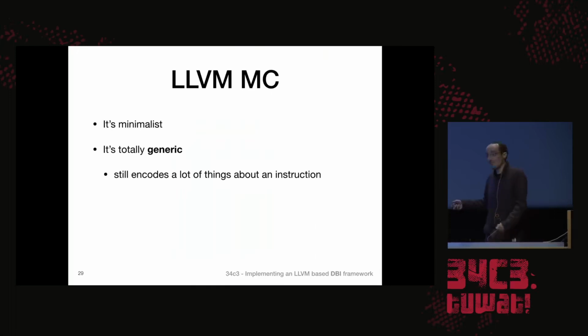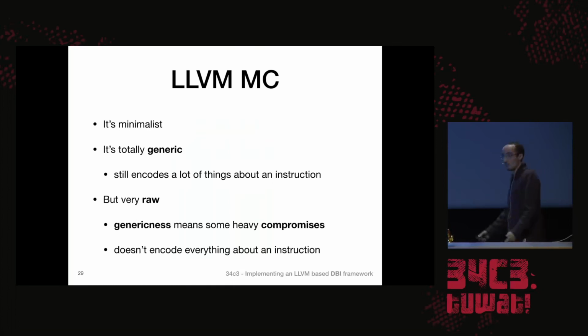But still, it encodes lots of things about an instruction, at least everything we need to work on the instruction. But the downside is that it's very raw. Okay, the structures are simple, but using them to do complex things feels a bit complex, and we will see why.